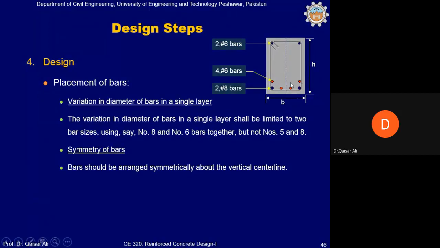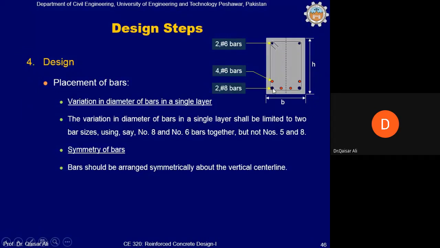Then there is another requirement of the code that if bars are to be placed in one layer, you can place bars with different diameters. For example, let's say this bar is number 8. This bar can be of any other diameter, but the difference cannot be larger than 2 sizes, which means that if this bar is number 8, the other can be number 6, but it cannot be number 5, because then the difference will be more than 2 sizes.